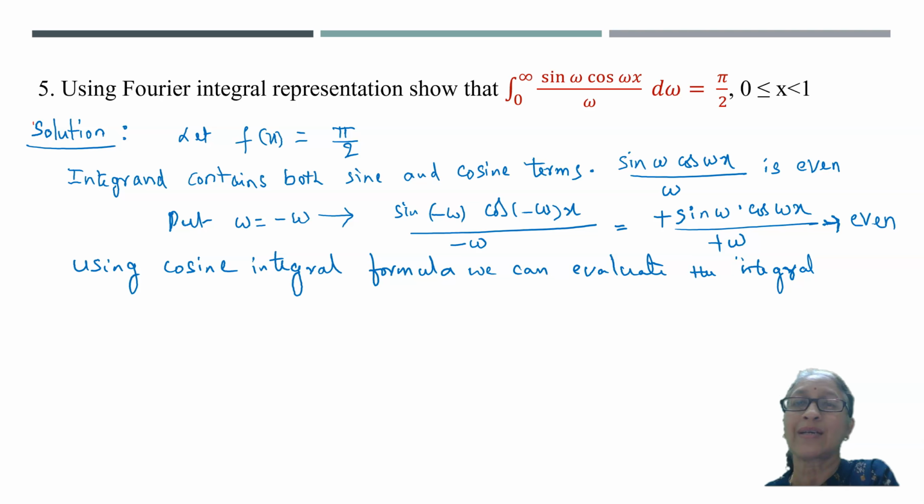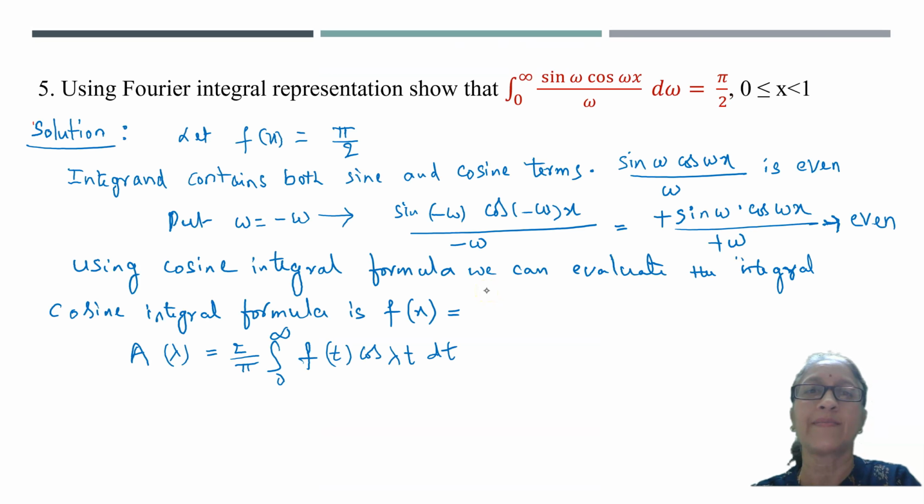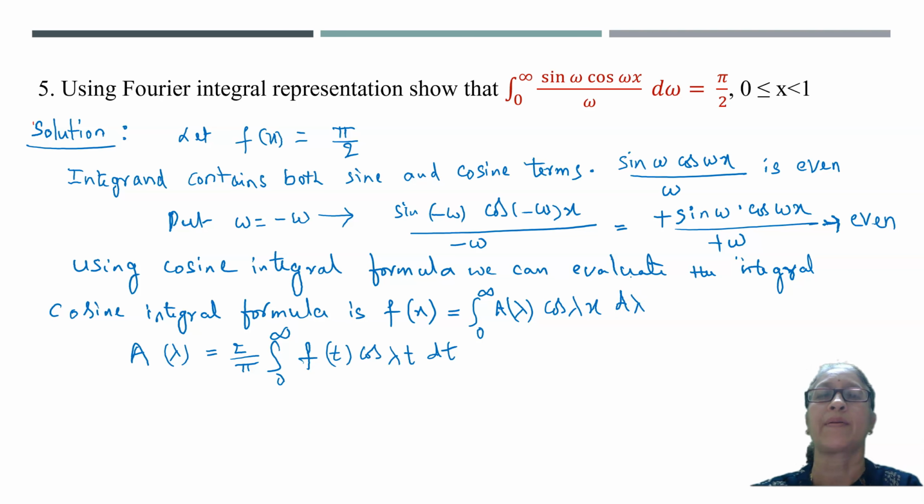So here cosine integral formula is, what is cosine integral formula? Cosine integral formula is f(x) equal to integral 0 to infinity A(lambda) cos lambda x d lambda.